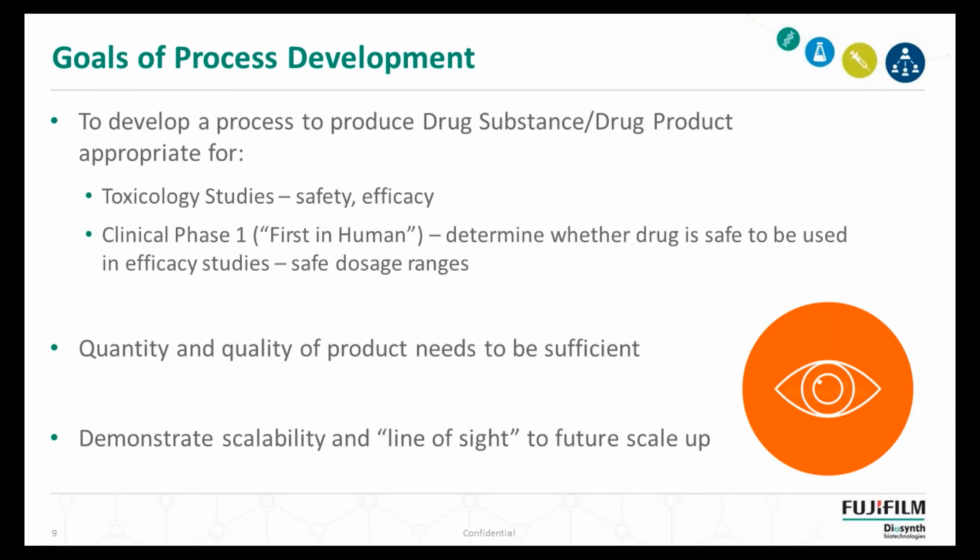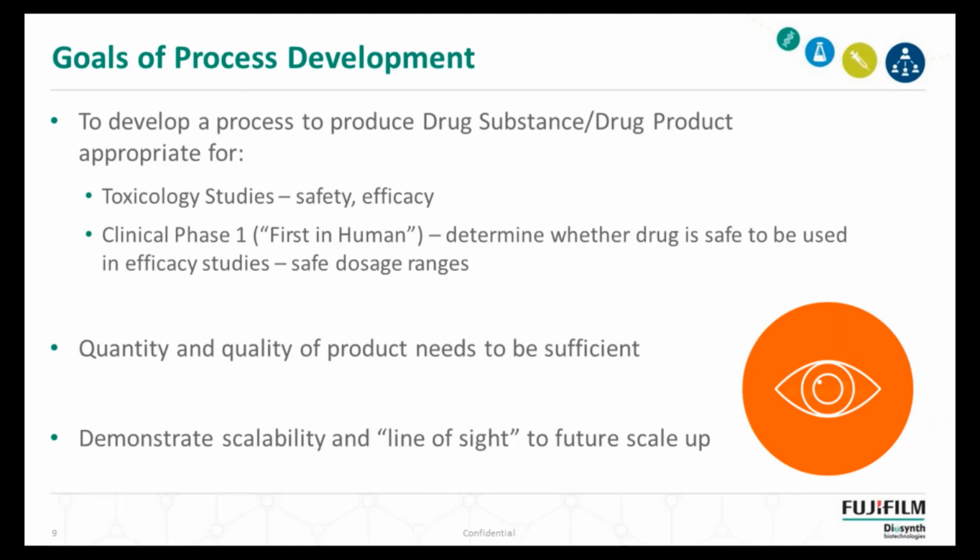So the goals of process development, particularly early phase: the key aspects are to develop a process to produce drug substance and drug product that is appropriate for toxicology studies, namely safety and efficacy in an animal model. And secondly, to be appropriate for the first in human or clinical phase 1 trials, usually to determine whether the drug is safe to be used in a human.